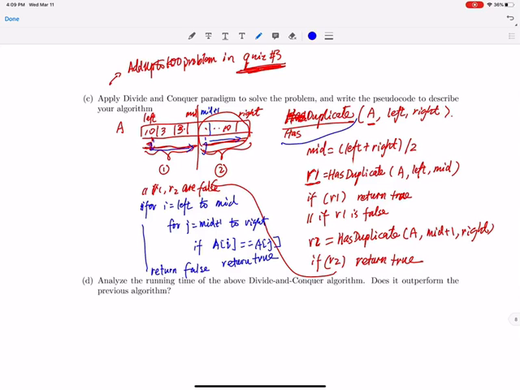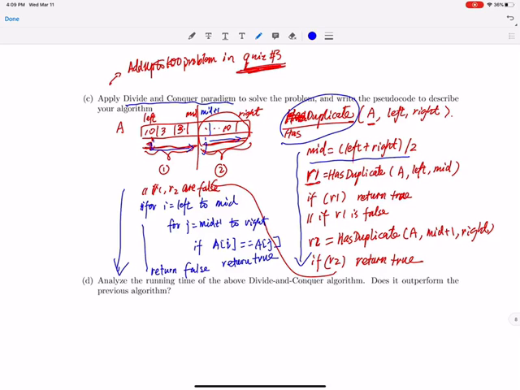So the whole function will go this way. Sorry about this weird layout. To recap, this demonstrates a typical divide and conquer paradigm, a way to solve a problem. Find the middle point and divide the problem into two halves.